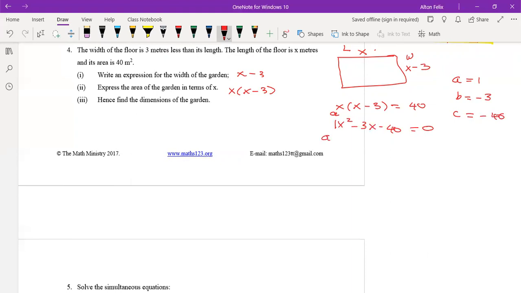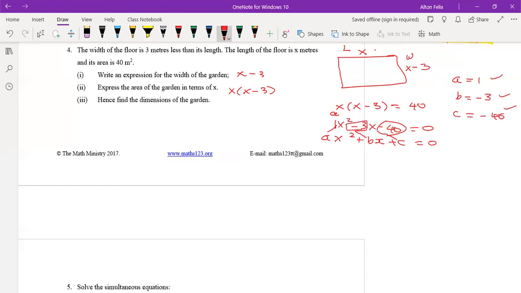Now, remember, we are comparing this with ax squared plus bx plus c equals 0 as the standard quadratic equation. So a would be 1, b would be negative 3, the entire expression including the sign, and c, the constant by itself, would be minus 40. So that's how I got my values here.